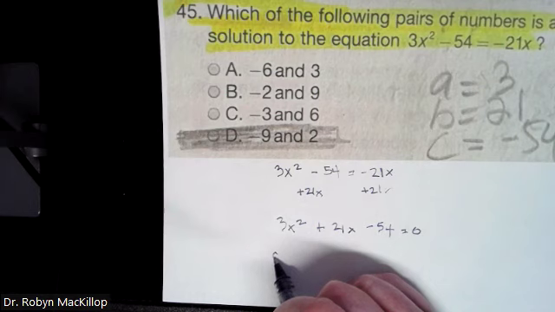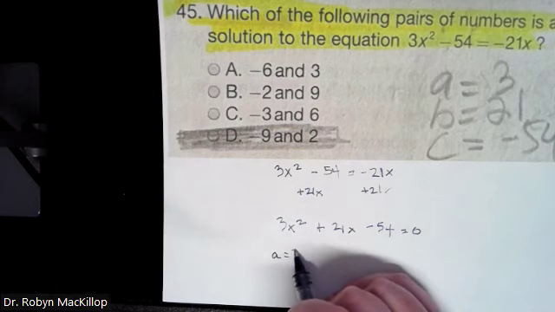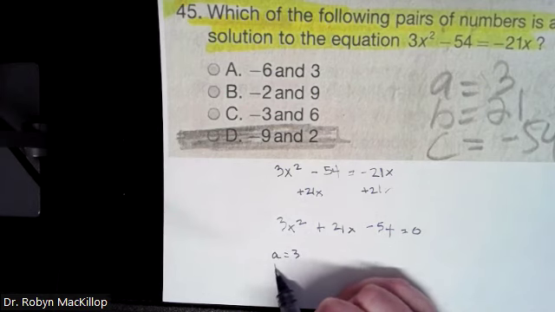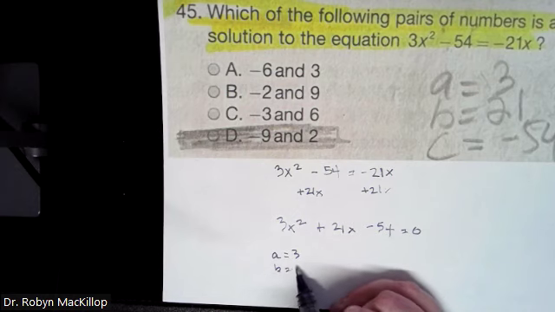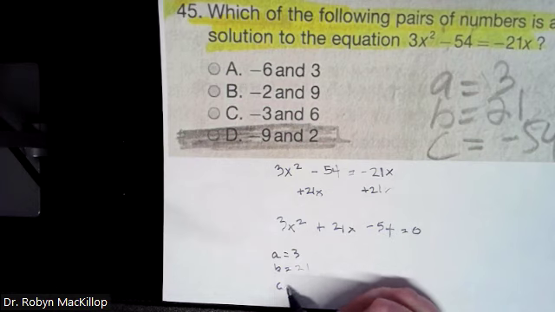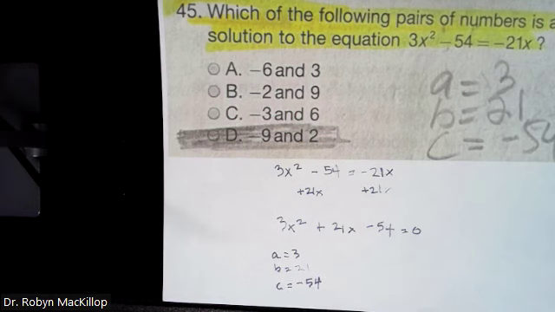A is going to be 3. B is 21. And C is negative 54. Now you take your quadratic formula. Let's see if I can remember this without looking it up.